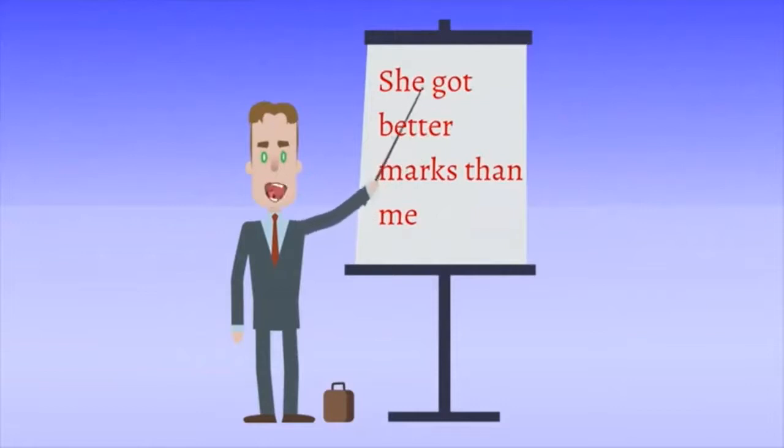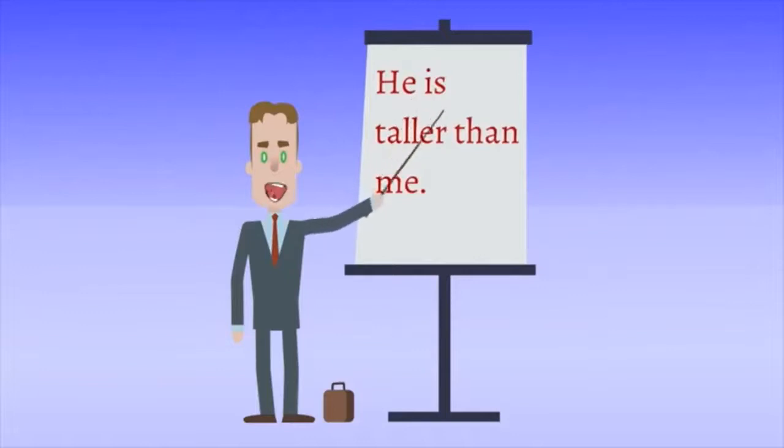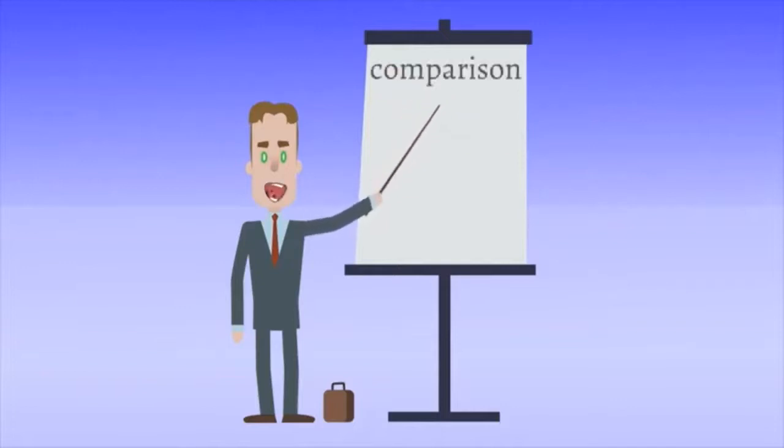Than is the comparison. Like he is taller than me. Than is a comparison. This is how you form a sentence with a comparison between yourself or somebody else, or between one thing or another.